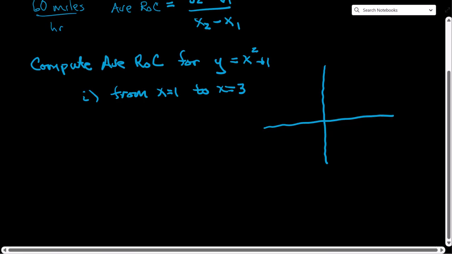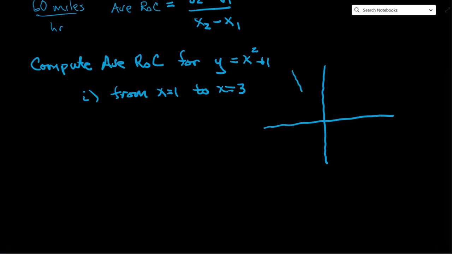We've got a graph. Remember, y equals x squared plus 1 is a parabola that's shifted up 1. And we've got some value here at 1 and some value here at 3. And when we look at the y values, as well as the x values, we get the points. And this line segment that connects those 2 points will give us the rate of change.